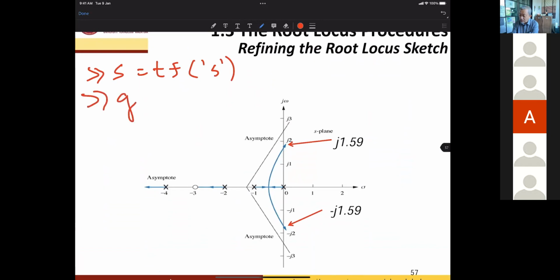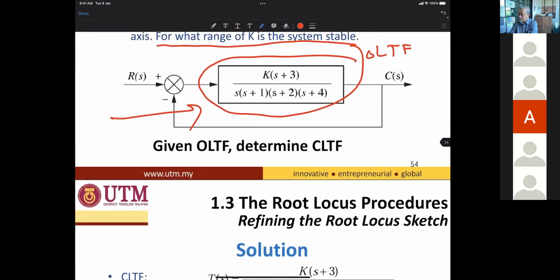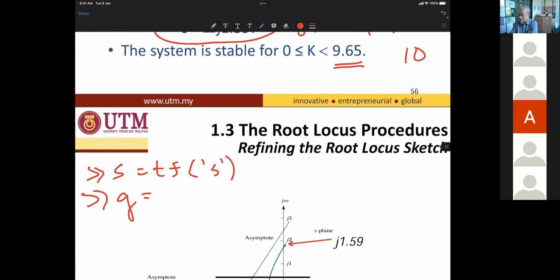Okay, give me the open loop transfer function. G equals 5 times s plus 3, K equals 1.